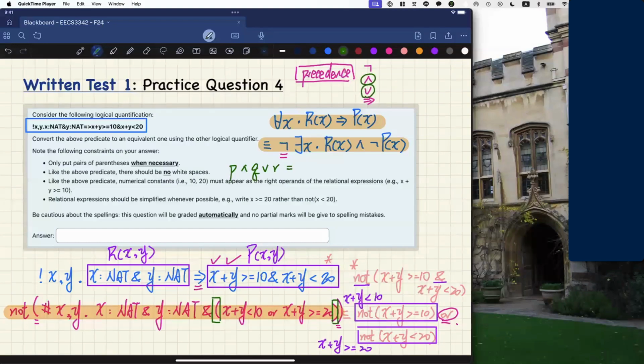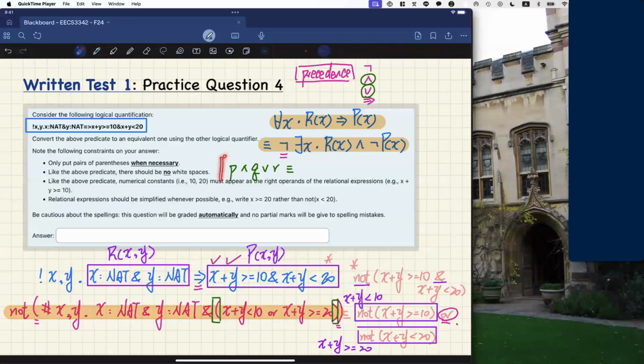So if we don't have any parentheses over here, this one is like P and Q or R. Because what we really want is to evaluate the OR disjunction first.